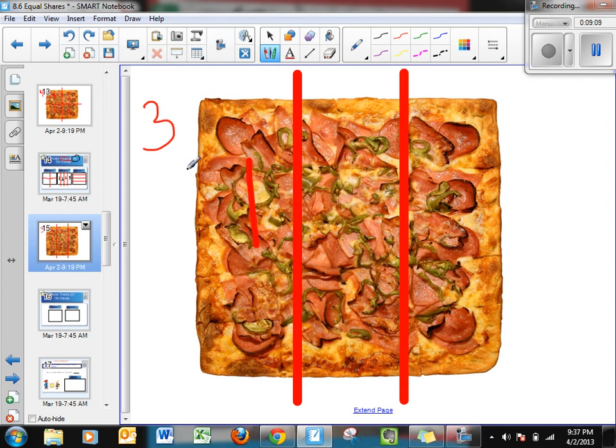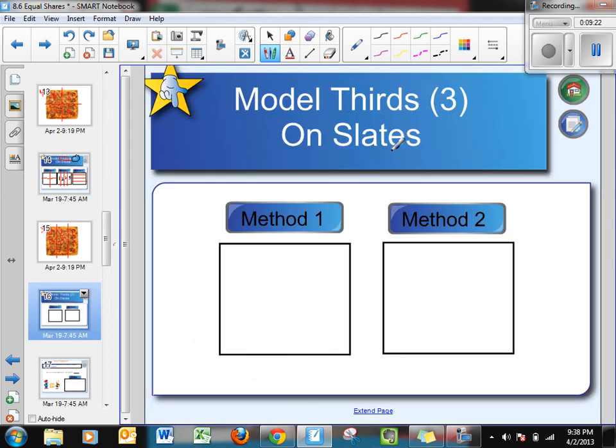Now the last thing that I need to show you is that this is called thirds because I have 1 out of 3. 1 piece out of 3 and 1 piece out of 3. So again, when we're talking about thirds, you can see here I wrote the word thirds. If you think about a race, if you get third place, that means you got 1, 2, 3, you're in third, which stands for 3.